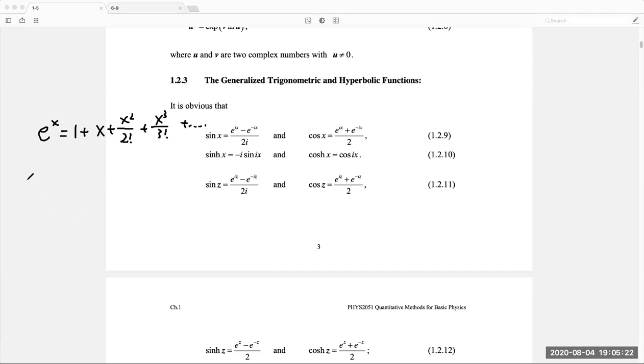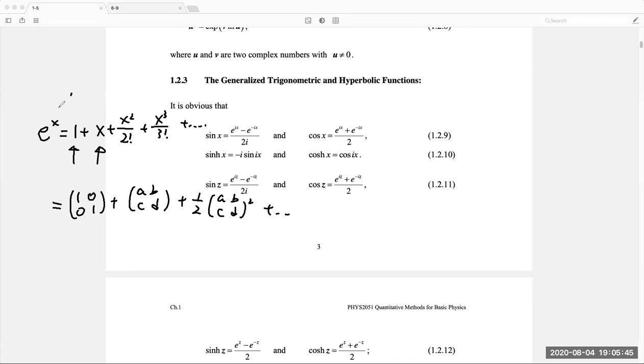If X is a matrix, you just put it in here, but of course the constant term needs to be converted into the identity matrix. Let's say the matrix is like this one, and so on. So it still applies if X is a matrix.